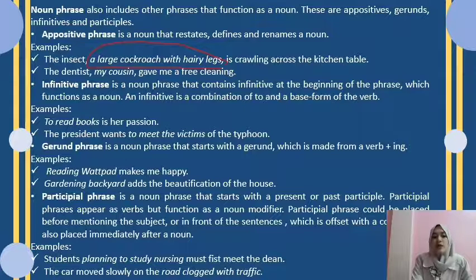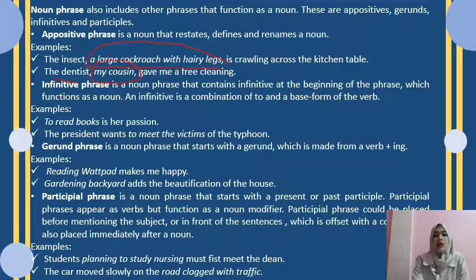The second example is: the dentist, my cousin, gave me a free cleaning. The appositive phrase here is my cousin, and it describes or defines the dentist. Another is the infinitive phrase. It is a noun phrase that contains an infinitive at the beginning of the phrase, which functions as a noun, and an infinitive is a combination of to and a base form of the verb.